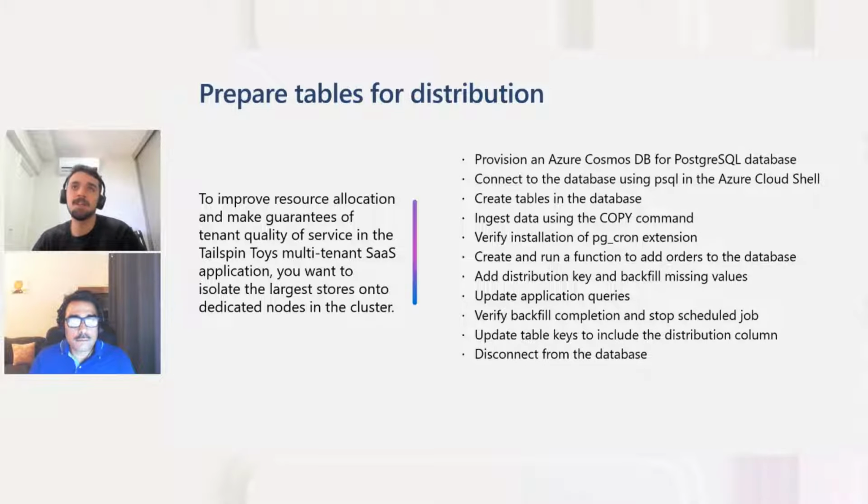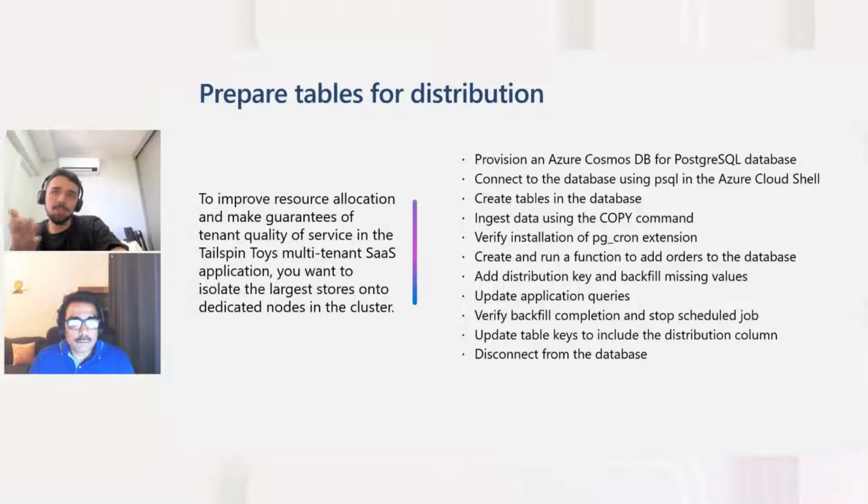The reason pg_cron should be installed here in the first place is because the backfilling job would be executed by the pg_cron extension, okay? And that function would be executed on the batches. Then we added the distribution key, and backfilled the missing values.